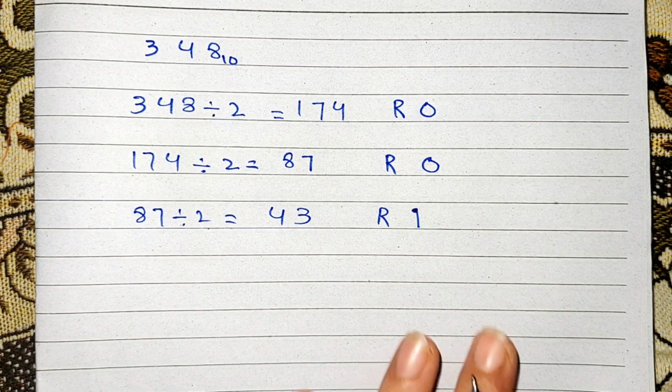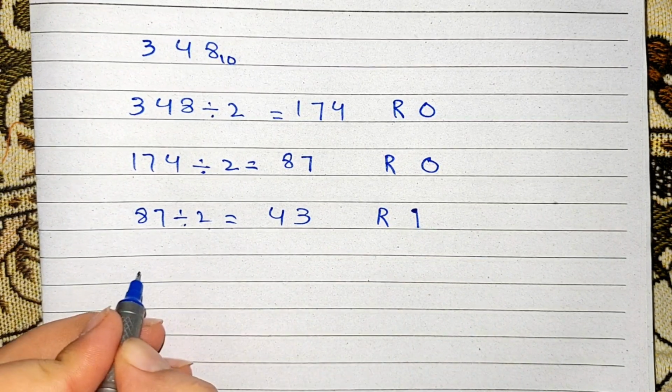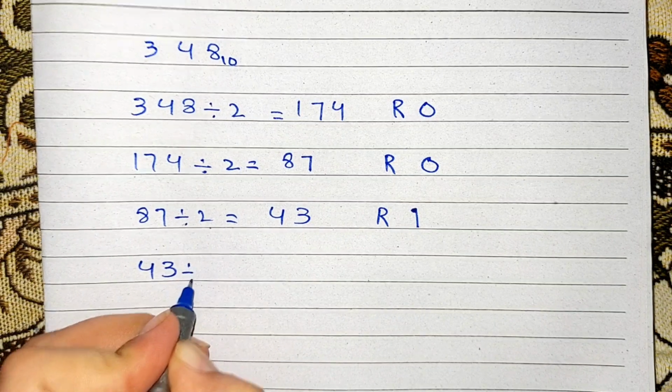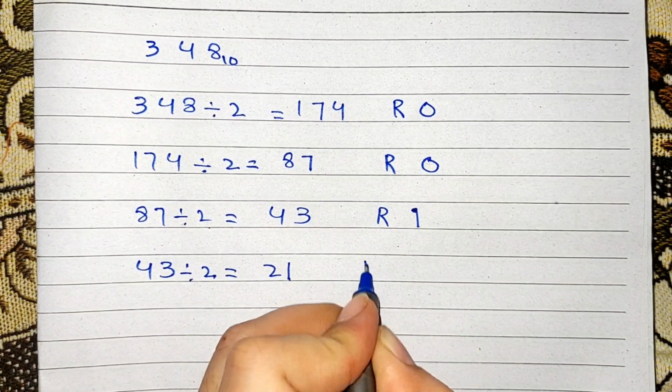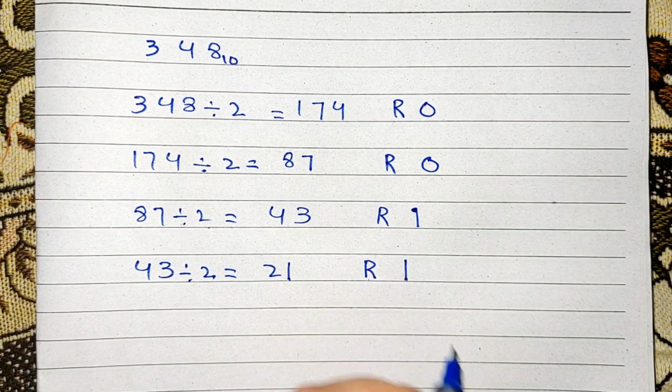Okay, so I'm writing it directly. So next, 43 divided by 2 will be equal to 21, and the remainder will be 1.